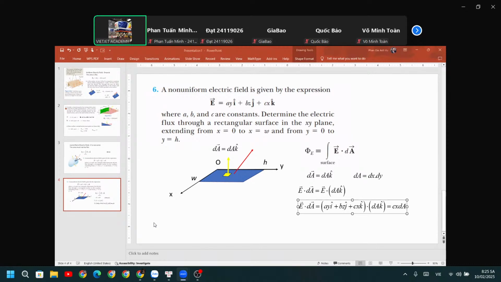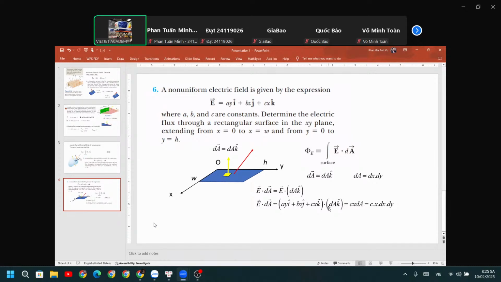Add the dot here to the equation. Then you have the integral of that. The integral of this equal to the integral of that. Right? But you have to have here the multiple integral.